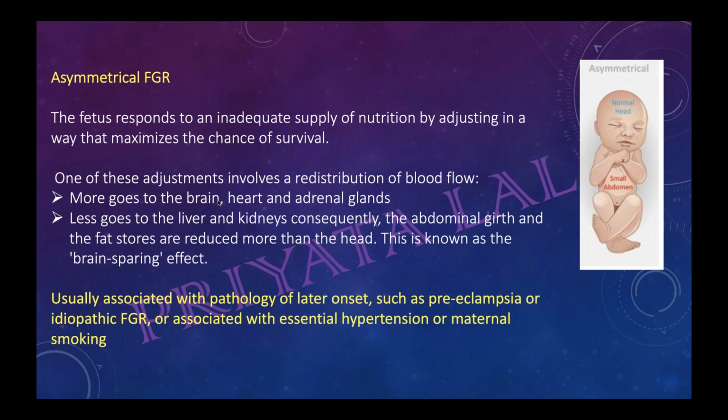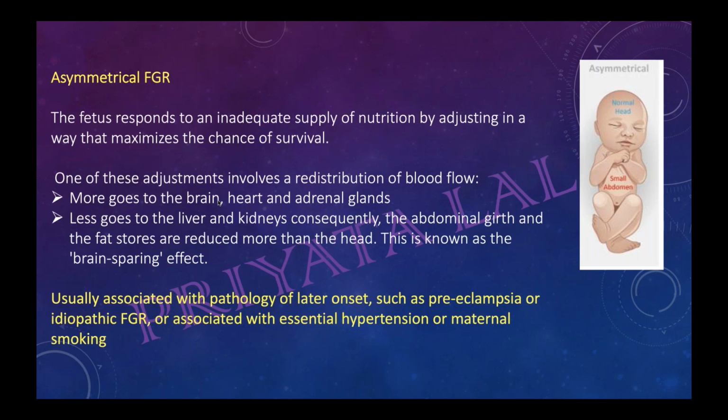The head size will be relatively larger, but they are limiting the blood flow to the less vital parts of the baby's body, like the liver and kidney. They get less flow, so there is an effect on the abdominal girth, and the fat stores are reduced. This effect is called the brain sparing effect. And why is it important to know a little bit about the brain sparing effect?